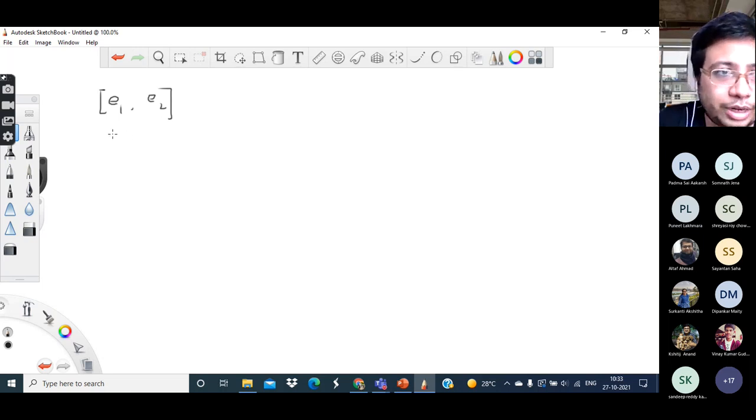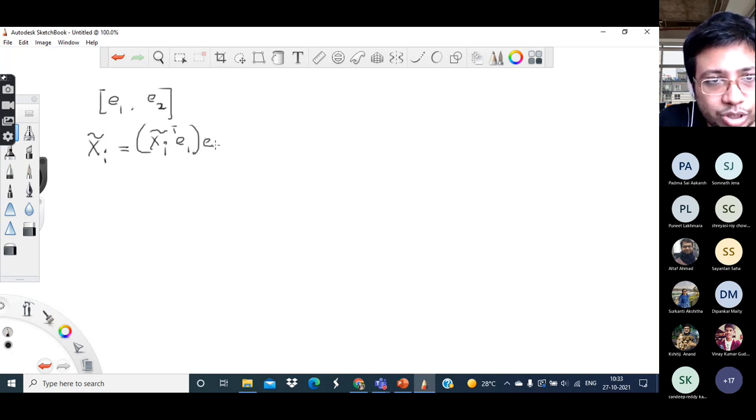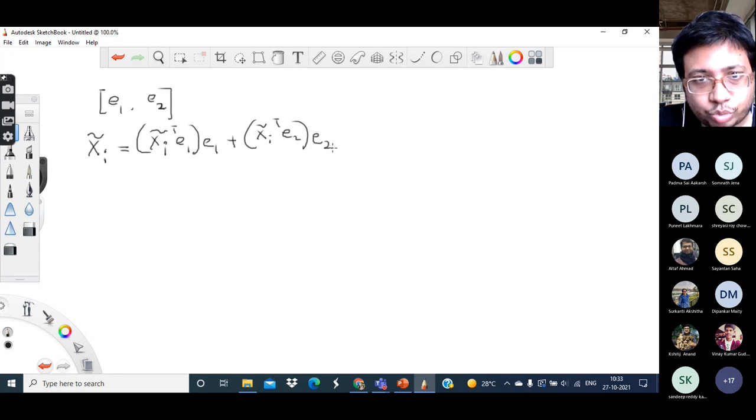That means any vector xi tilde can always be written in this way: xi tilde transpose E1, or E1 transpose xi, the same thing, times E1 plus xi tilde transpose E2 times E2.